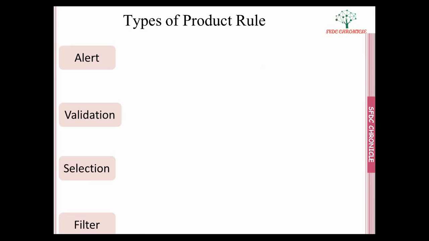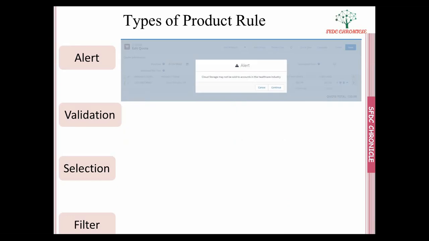They will get an alert this way. A pop-up will be shown to them that something is missing or you have selected some wrong option with your bundle, so don't move forward with this configuration.